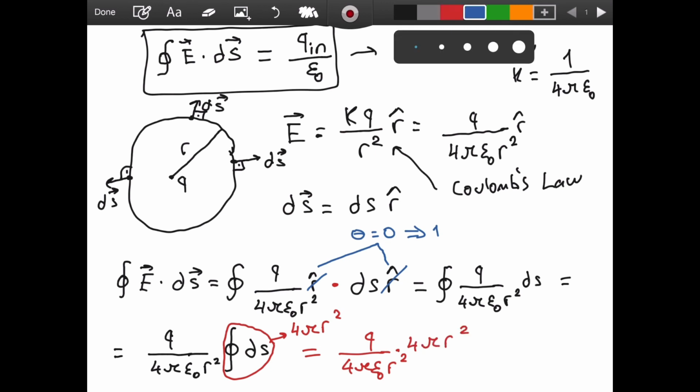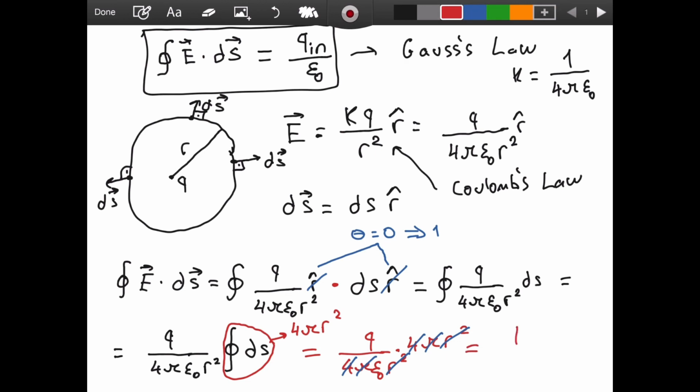We see that the 4's cancel, pi's cancel, r squareds cancel, and we are left with q divided by epsilon naught. If you follow the equal signs, you will see that the integral that we started with is equal to q divided by epsilon naught. And this is it. We proved Gauss's law for a sphere.